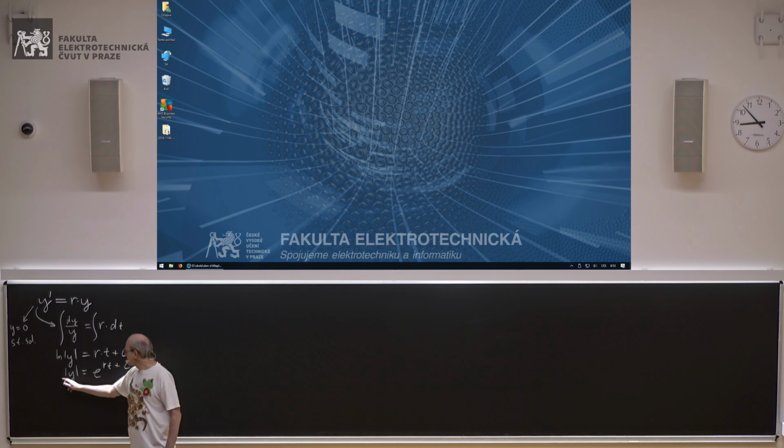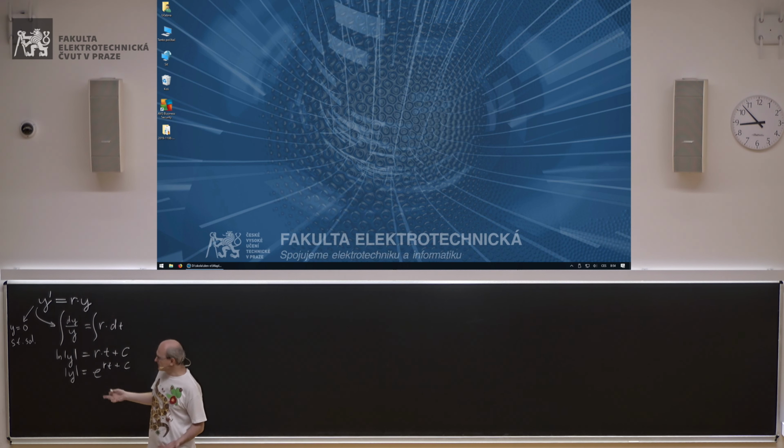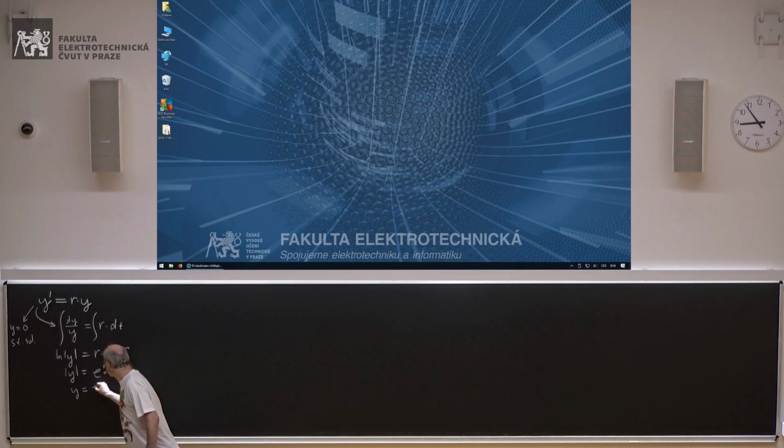Now we replace the absolute value with plus minus and put it here, but then we multiply the whole equation by plus or by minus and it moves here. So y is plus or minus e to c times e to rt. And finally, we will introduce a new constant here. y(t) is equal to d times e to rt.